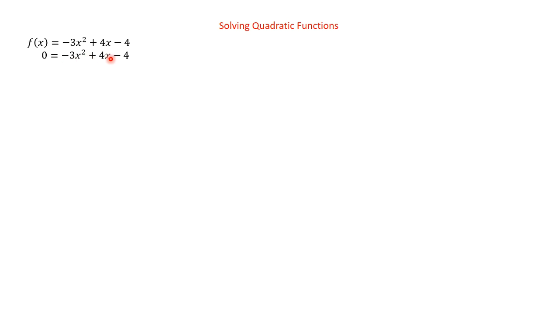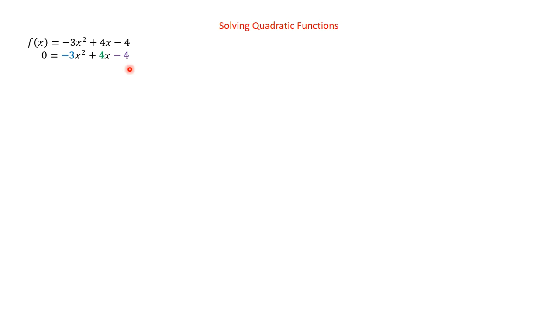So we have our equation. We have a is negative 3, b is 4, and c is negative 4. Sometimes, especially when you're starting out or if you're struggling doing this, actually write that out as the next line. a equals negative 3, b equals 4, c equals negative 4.